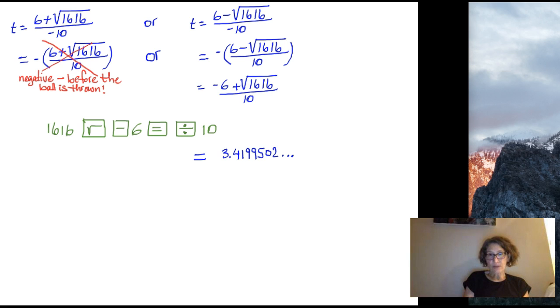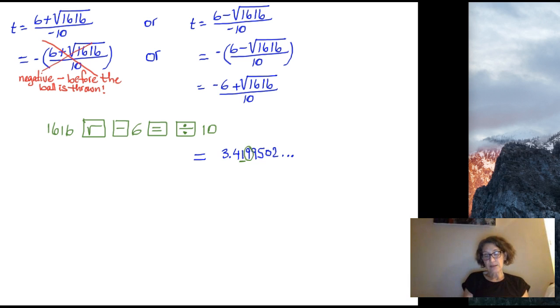So it said to round it to the nearest hundredth. The hundredth is that second decimal place. So right now it's a 1. So I'm either going to round up to make it a 2, or I'm going to round down, which means I'm going to leave it as a 1. And to decide which way we're going to go, we look at the number right next to it. It's a 9.